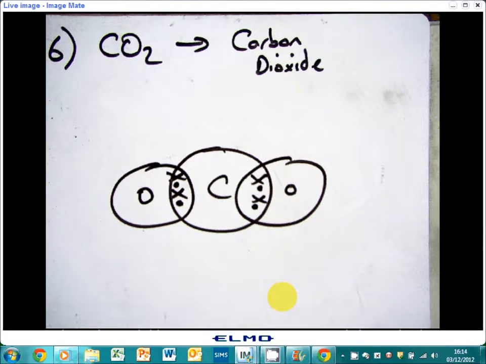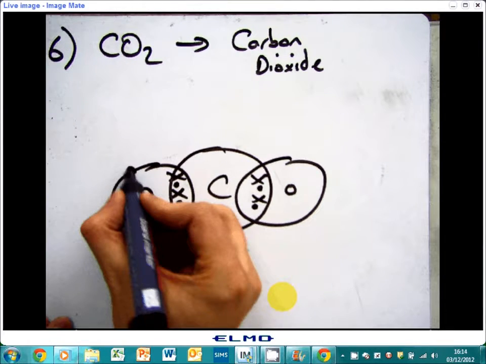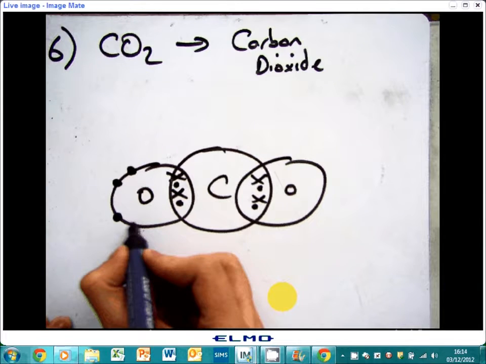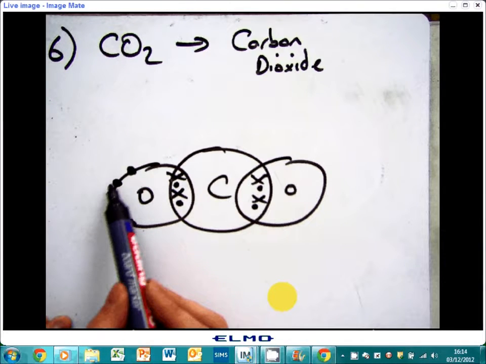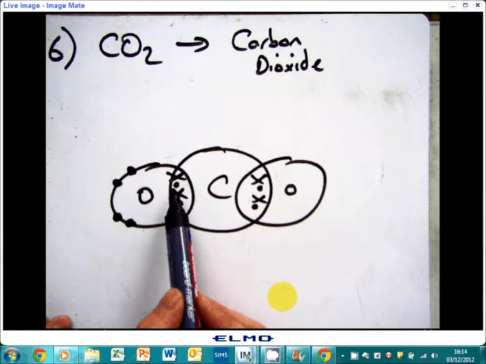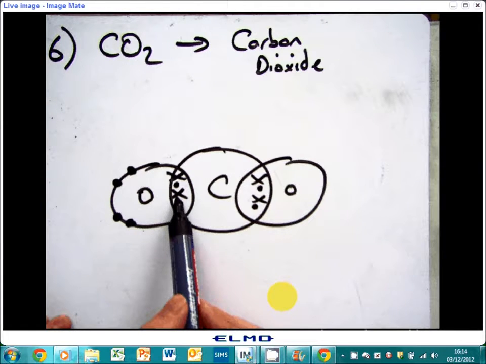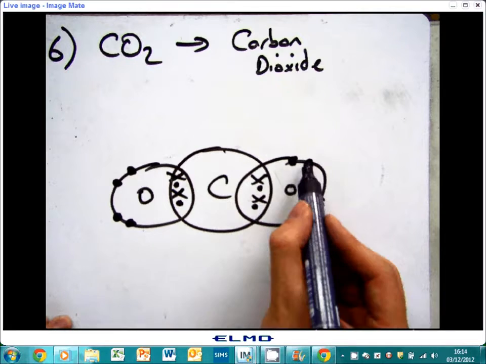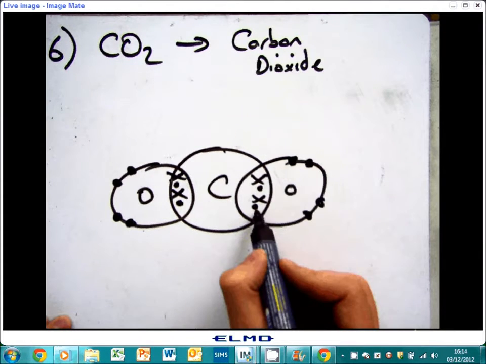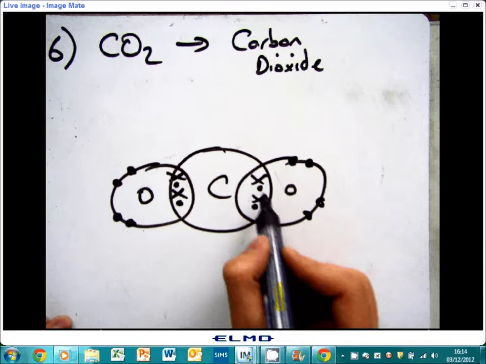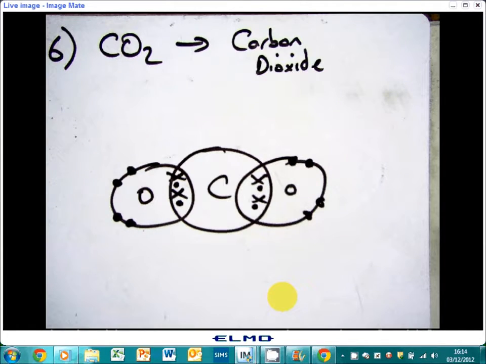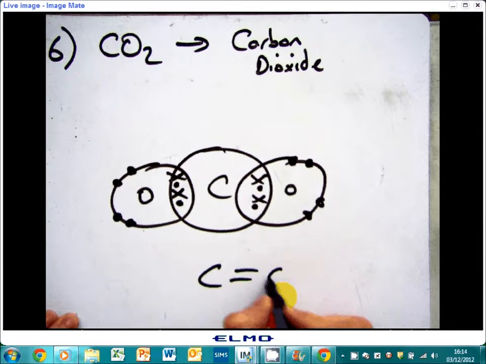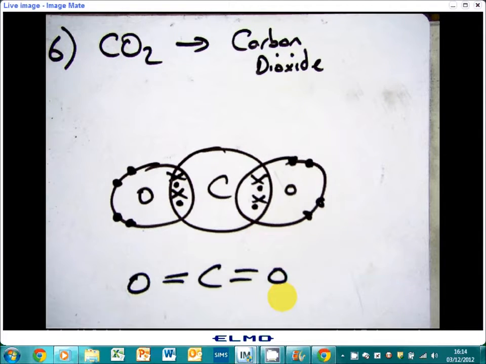Now we need 4 dots extra to complete the oxygen outer shell. So this oxygen now has 1, 2, 3, 4, 5, 6 of its original electrons plus 2 from carbon. And over here you do the same again: 1, 2, 3, 4, 5, 6 for the dots and 2 from the carbon. Each atom now has a full outer shell. These are also double bonds and can be drawn like that.